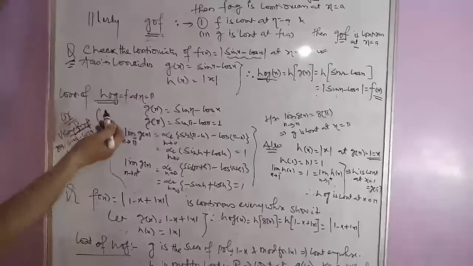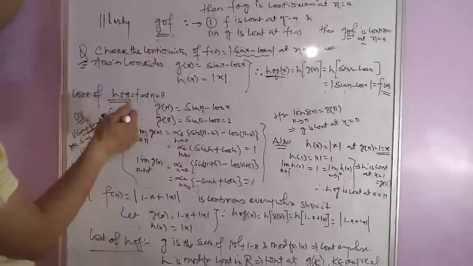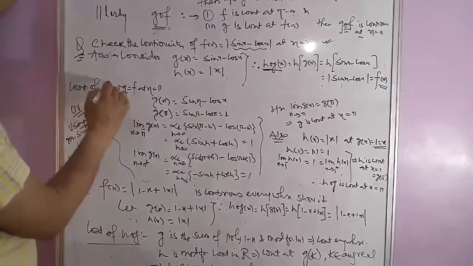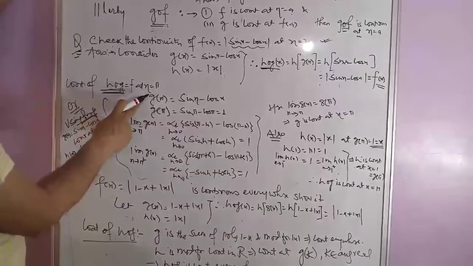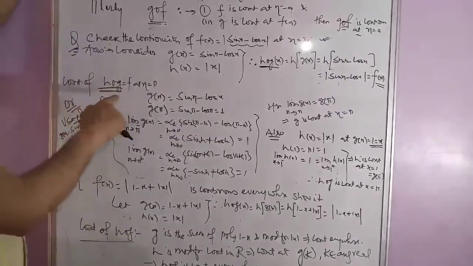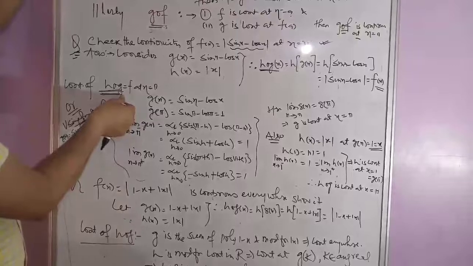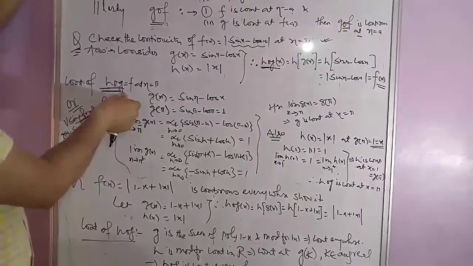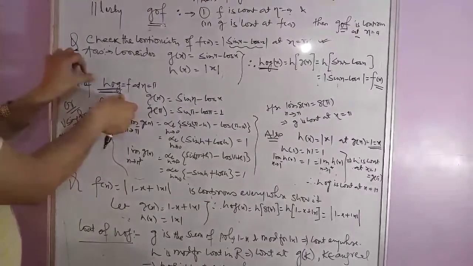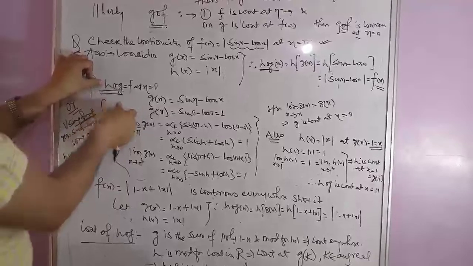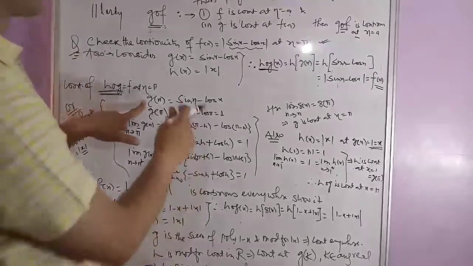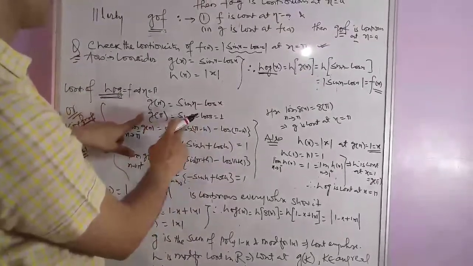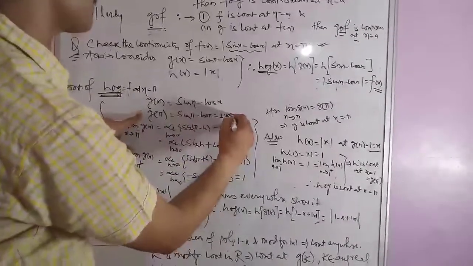Now we check continuity of f(x) at x equal to pi, meaning continuity of hog at x equal to pi. For this we first check continuity of g at x equal to pi and then continuity of h at g(pi). Here g(x) equal to sin x minus cos x, g(pi) equal to 1.